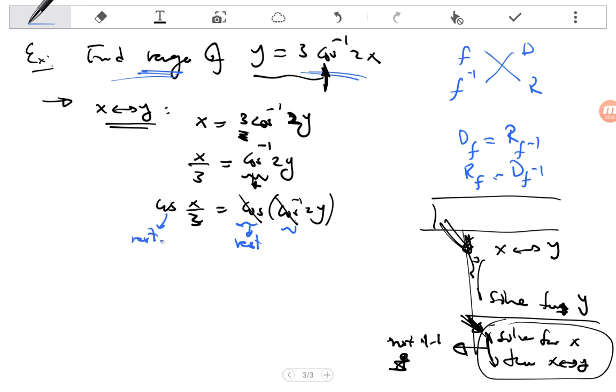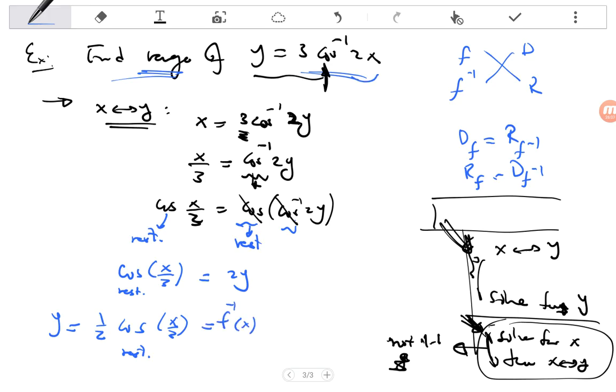In this way we'll have 2y equal to restricted cosine of x over 3. So y will be equal to 1 over 2 cosine x over 3 restricted. And that is exactly the inverse of the given function.